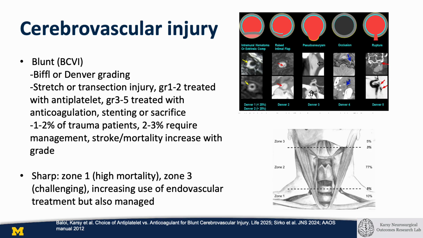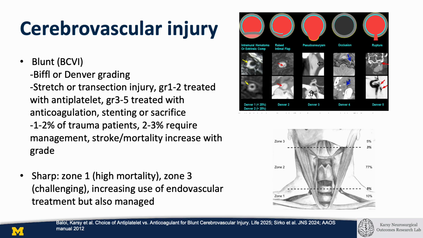Denver Biffl 2 is an injury that results in 50% vascular stenosis. Denver Biffl 3 demonstrates a cerebral aneurysm. 4 is an occlusion, and 5 is a transection. So these are various grades that are used. Typically, most injuries are grade 1 and grade 2. They can be treated with antiplatelets.